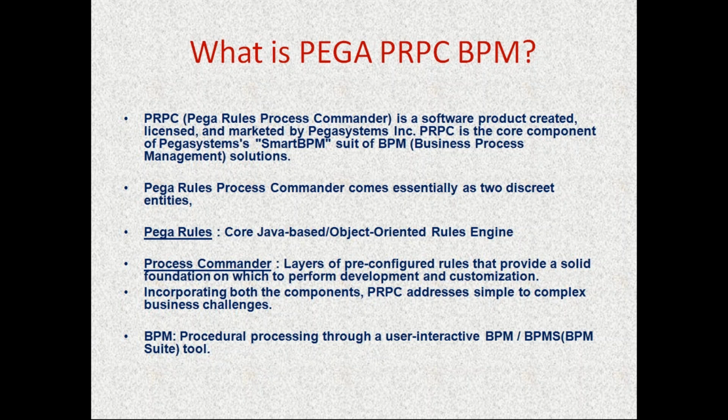Pega Rules Process Commander, the Pega rules, are object-oriented rules that are inbuilt in the application. They are already designed and developed, so we can directly reuse them. BPM is a business tool used to manage processes in organizations as part of this Pega software.